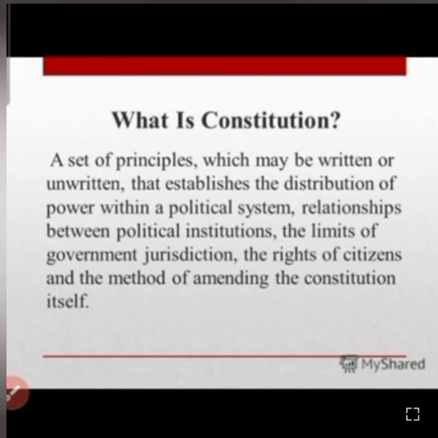It contains the rights of the citizens, the fundamental duties of the citizens, the powers and functions of the different organs of government. Not only that, it also contains the method by which you can change or amend the constitution itself. Okay? Now, why do we need this constitution?